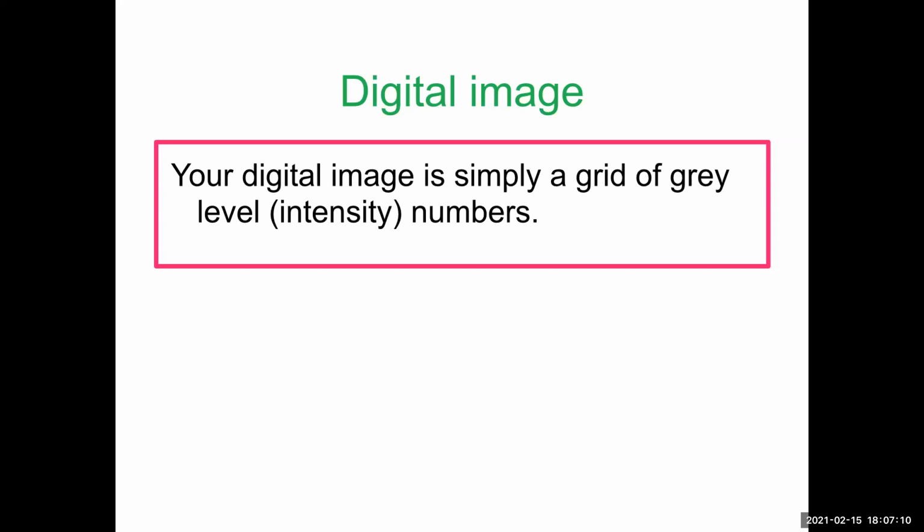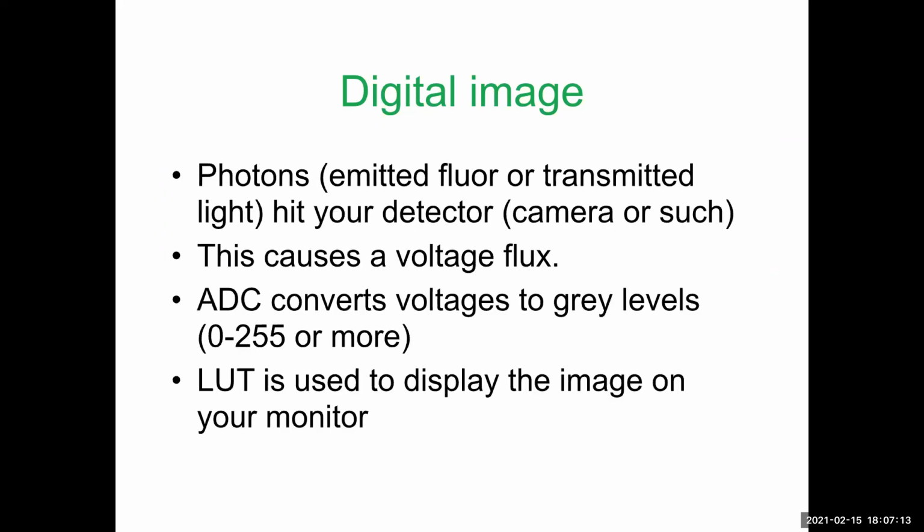In the case of microscopy cameras, it's always a rectangle because it's actually the same chip. I think it's a Sony chip. It's the same chip in every camera, regardless of the brand. The CCD chip is made by, I think, one manufacturer. Anyway, your digital image comes from the microscope, which is producing photons, right? You're shining light through your specimen or bouncing it off your specimen if it's transmitted or reflected. Either way, there's photons being collected by your objective, and they're going to run through your microscope, be directed by mirrors, etc. They're going to end up hitting either your eyeball and or your digital camera.